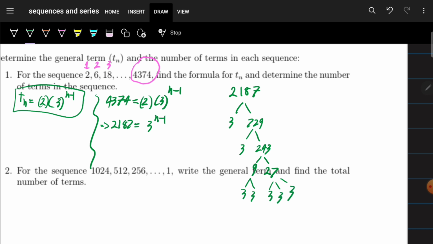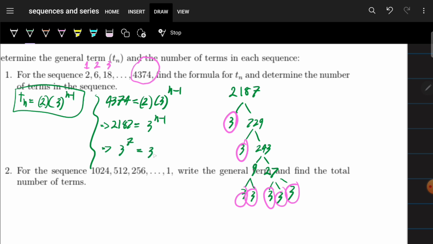So long story short, we can tell that 2187 is equal to 1, 2, 3, 4, 5, 6, 7 copies of 3. So this is 3 to the 7.